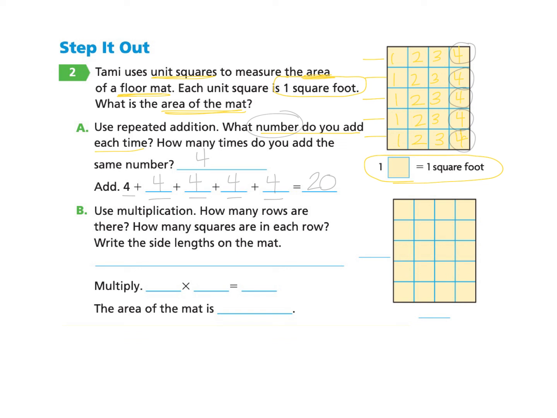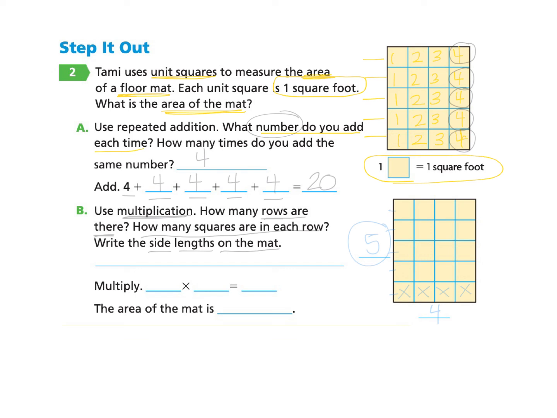The other way asks to use multiplication. It wants to know how many rows are there and how many squares are in each row. It asks us to write the side lengths on the mat. So we are going to take a look at the same floor mat, and we know that there are 1, 2, 3, 4, 5 rows here. And we know that in each of those rows, 1, 2, 3, 4, there are 4 in each row.